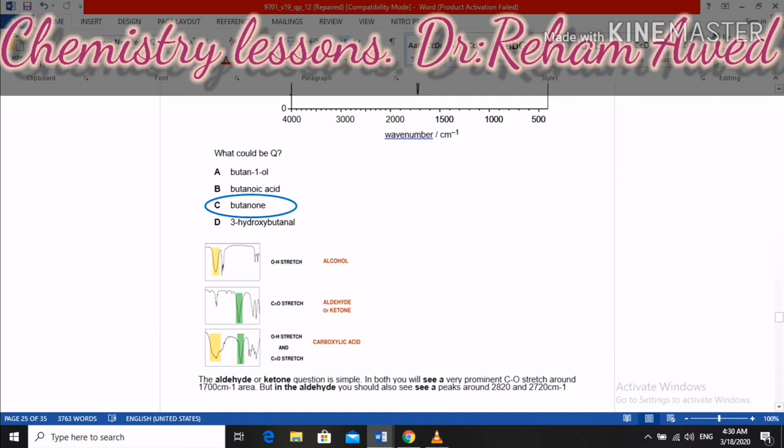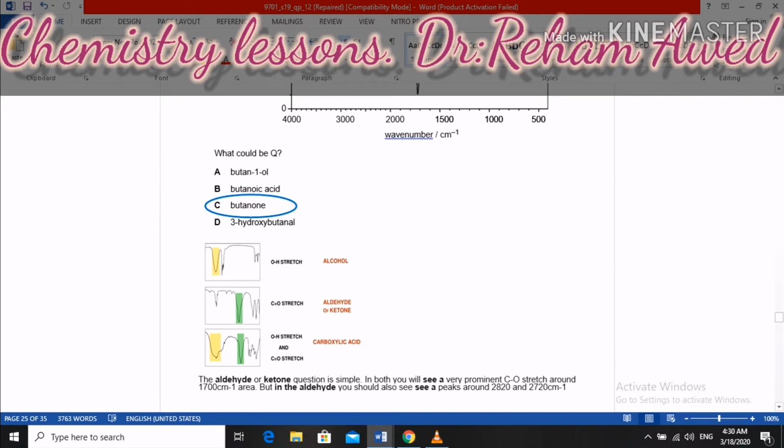In the case of aldehydes and ketones, we have a carbonyl group, C=O stretch. Its band is between 1500 and 1700. This band is sharp and specific for the carbonyl group, in aldehydes or in ketones.